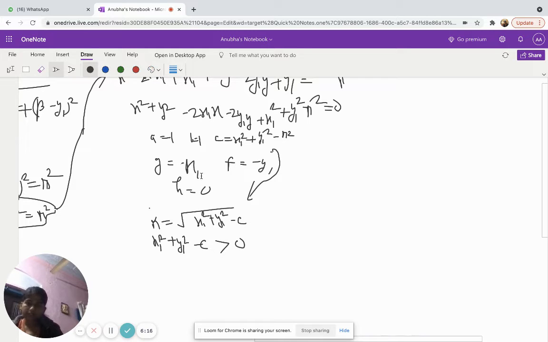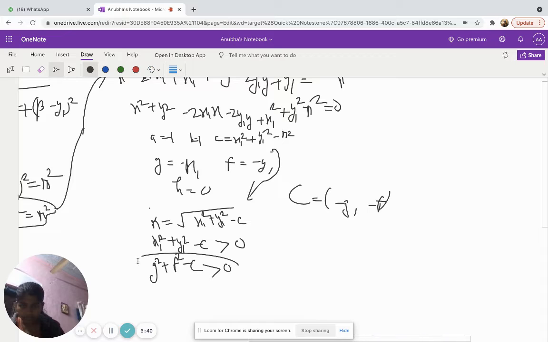And what is x1? x1 is minus g. We can replace it with minus g, and y1 can be replaced with minus f. So the center is minus g comma minus f, because it is x1 comma y1. If we replace x1 comma y1 with g comma f, it is g square plus f square minus c must be greater than 0 to say that the radius is a real number.